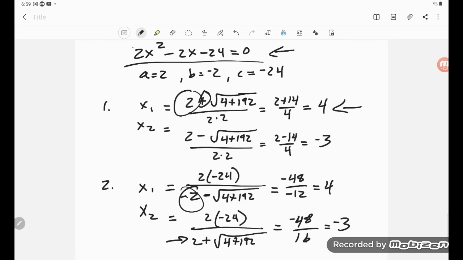So I'll calculate an x1 and then calculate an x2, these two different ways. And we'll see that if we stick with both of these, one of the two is going to be a problem. And in my example, it's going to be the second one.